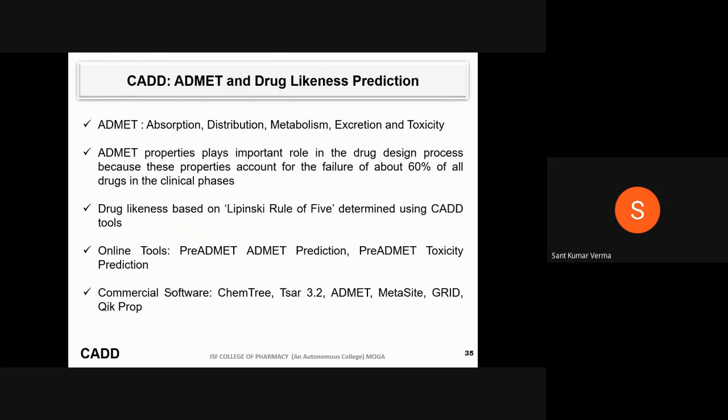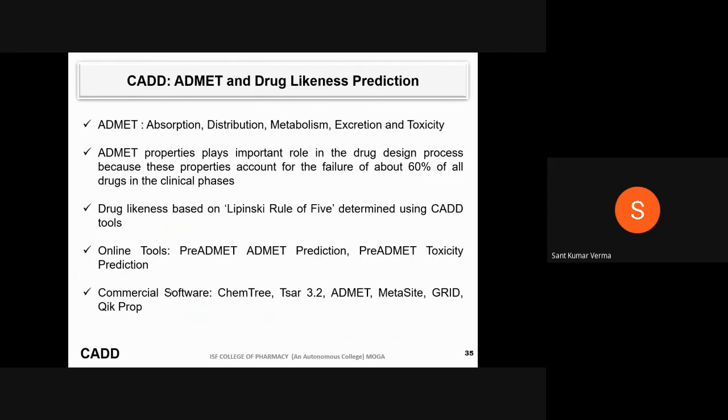There are a number of commercial software like Chemtree, TSAR, ADMET, MetaSite, GRID, and QuickProp of Metascope. So we can be able to filter the molecules prior to going to preclinical and clinical trial.